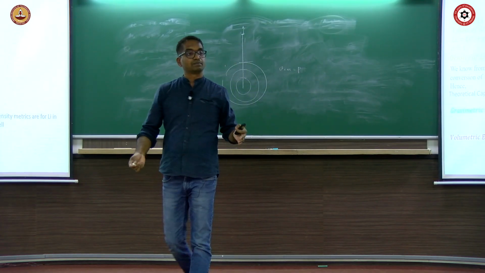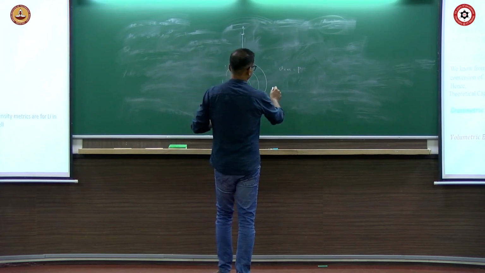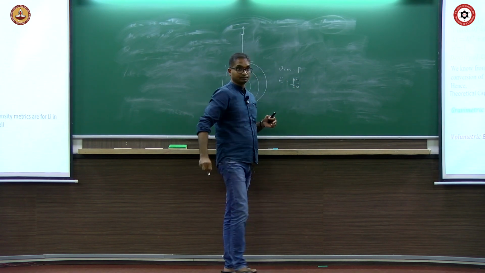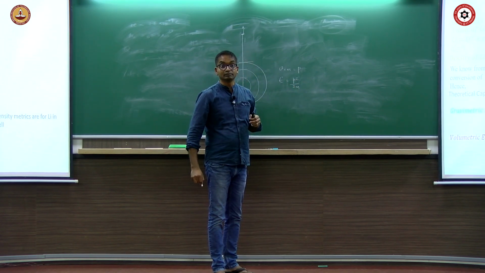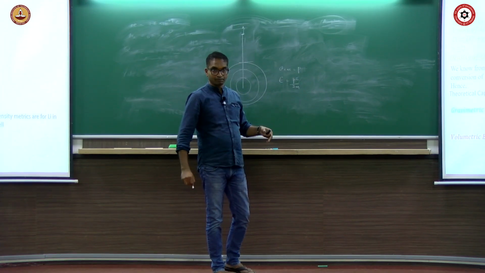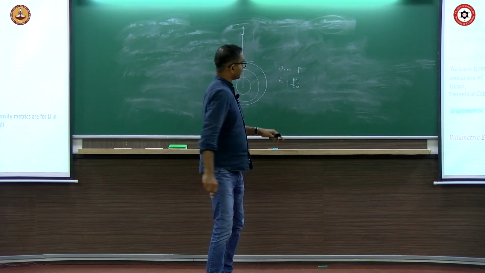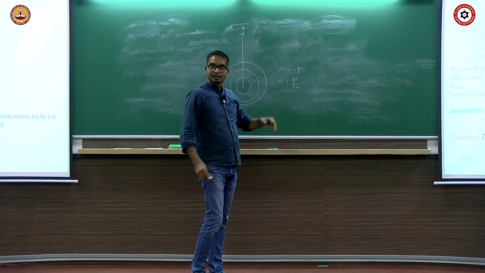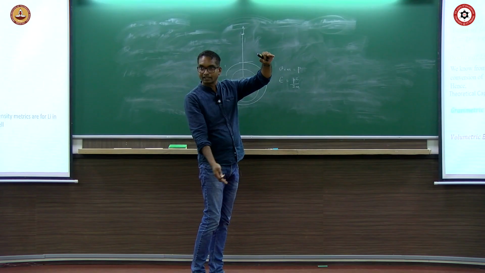Momentum is related to energy, right? P squared by 2m is energy, right? So that means the particle here has more energy than here, same particle. Depending upon the depth we are considering, the energy will change.